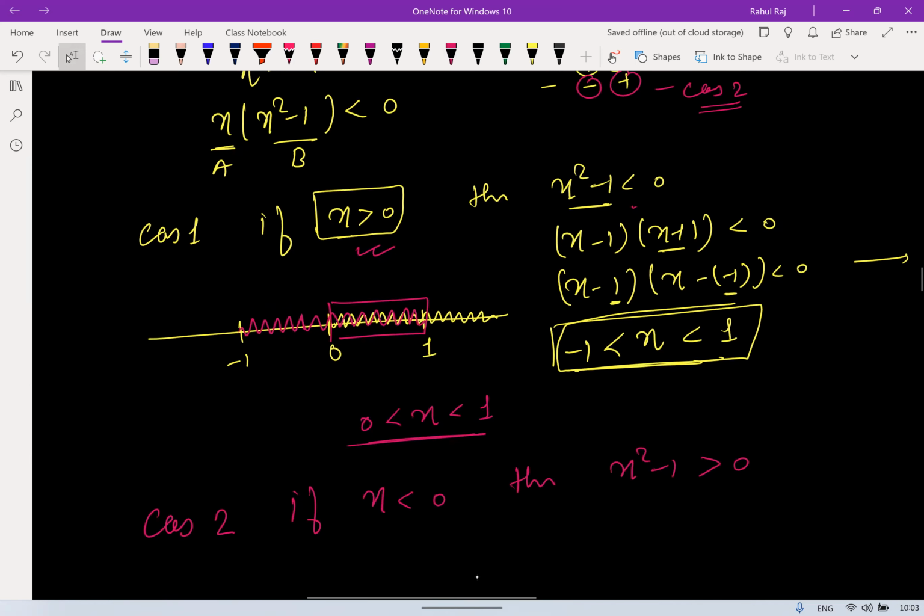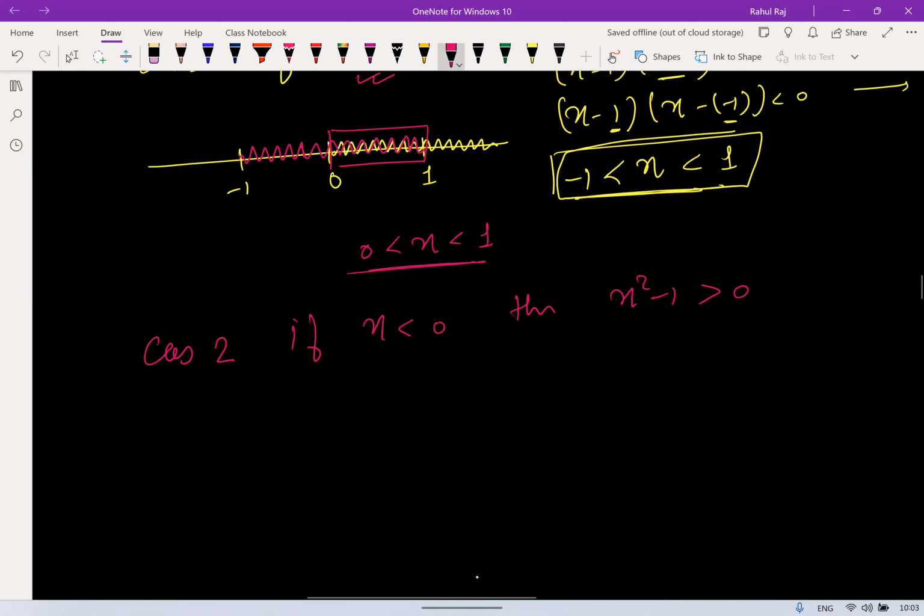Because my A is x, my B is x square minus 1. That's the reason I'm doing it. So x minus 1 into x plus 1 greater than 0. Am I right? And this means x is less than -1 or x is greater than 1. We've already done that, so for case 2 we just need to put it on the number line.